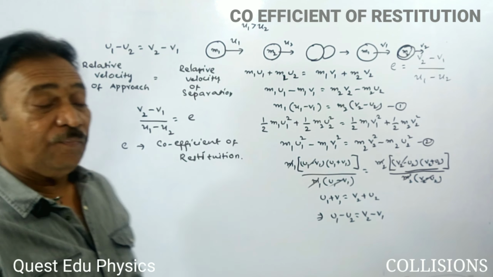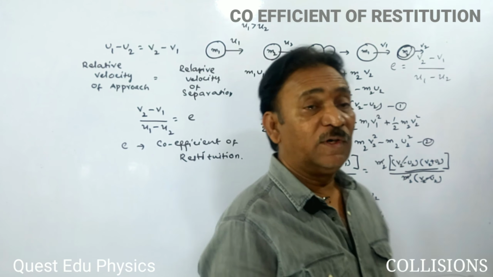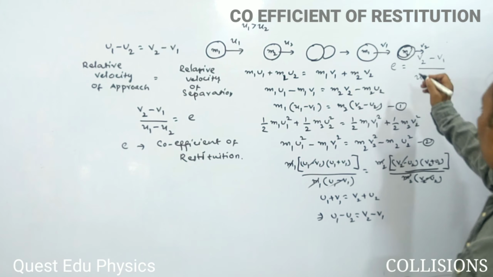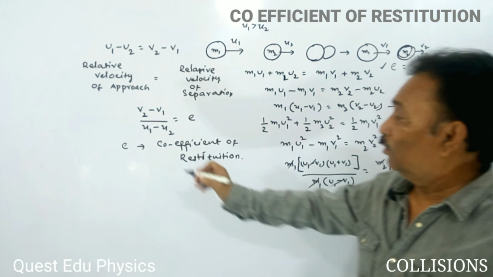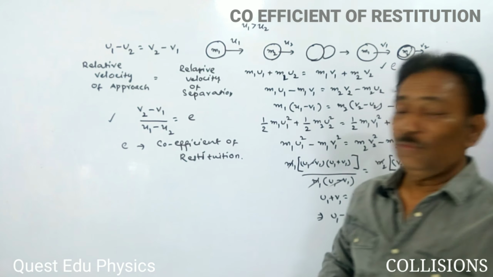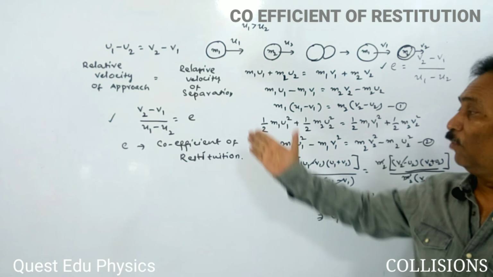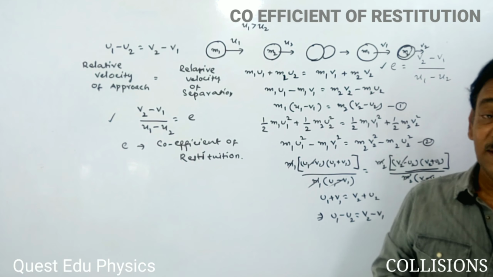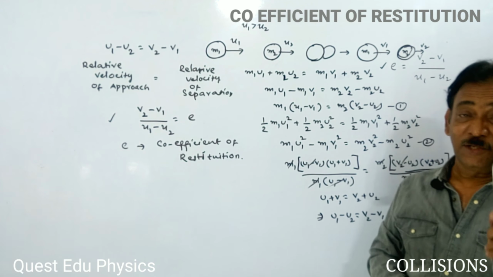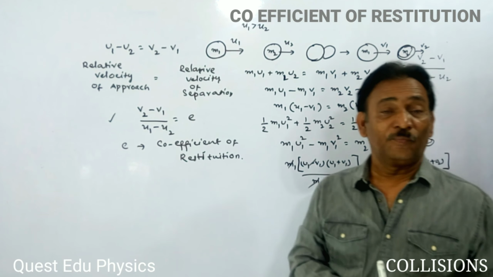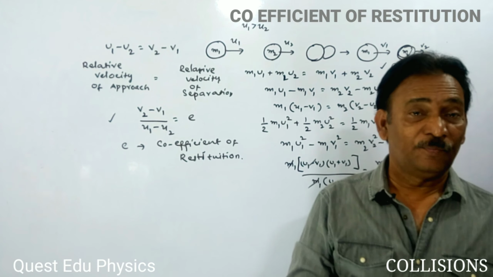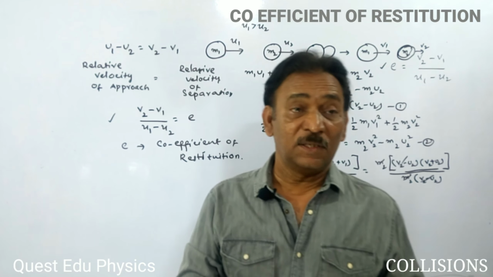Students, this is the expression for the coefficient of restitution that I wrote here. I thought it was good to make you remember the equation again. The coefficient of restitution E tells us how the energy is lost or whether the energy remains constant.